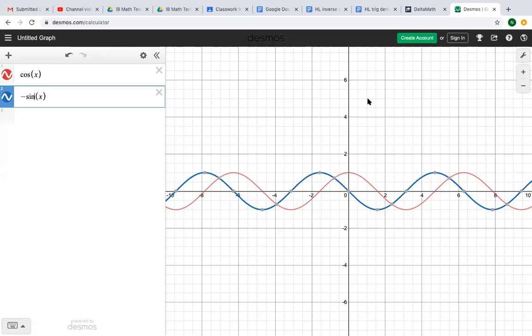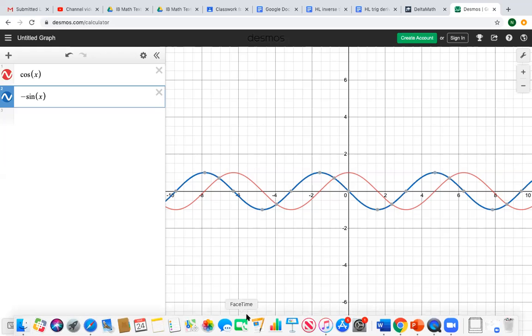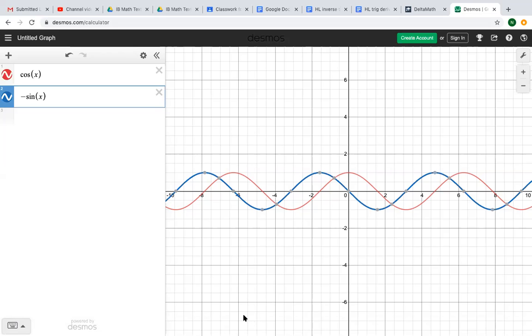Keep in mind that you have to do chain rule with trig derivatives, meaning that on your notes page where it says cosine of u, du.